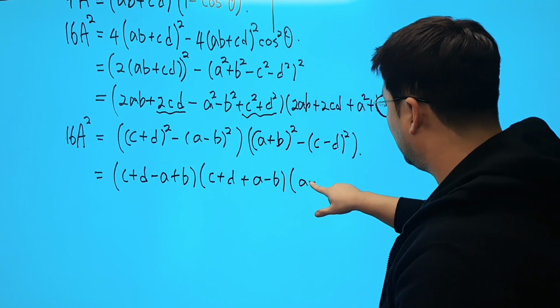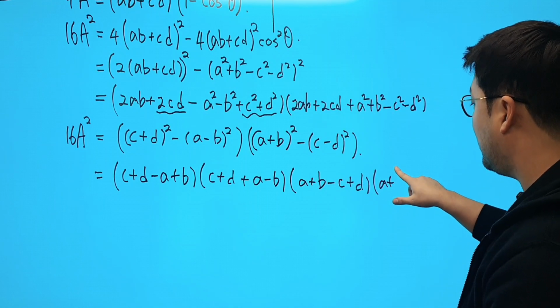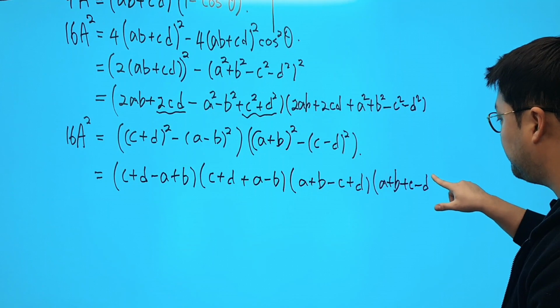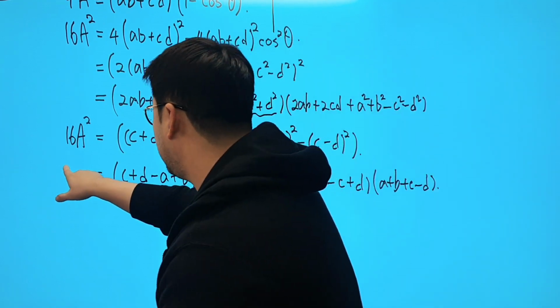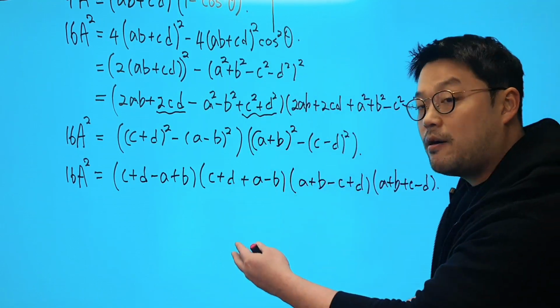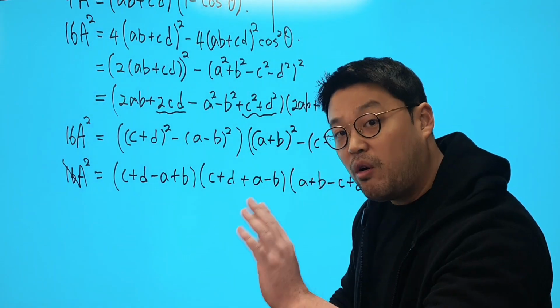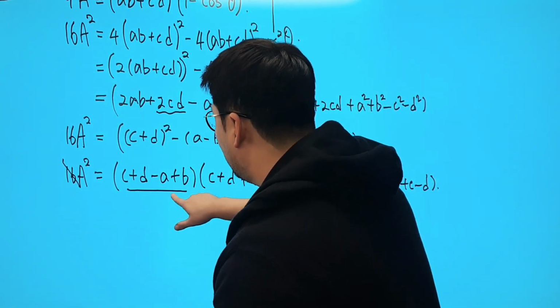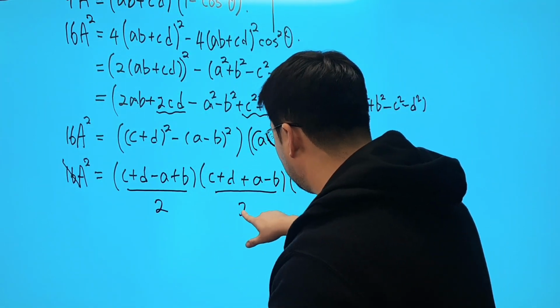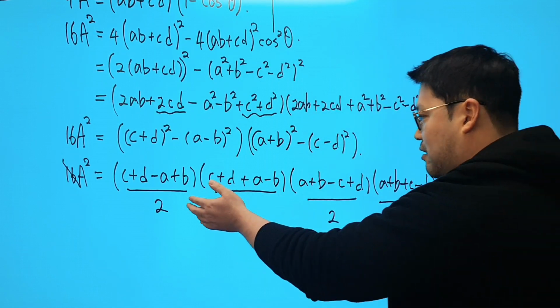And you can check that a plus b minus c plus d and a plus b plus c minus d, and everything out here is still 16 A squared. If I divide it out by 16, I can distribute all those 2's into each of these parentheses, and still get 16 in the bottom part, right?